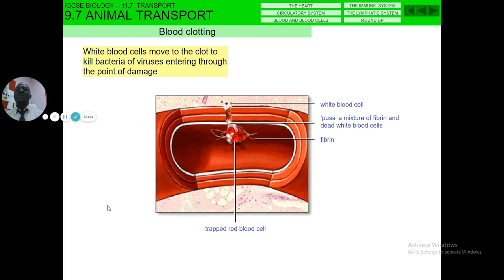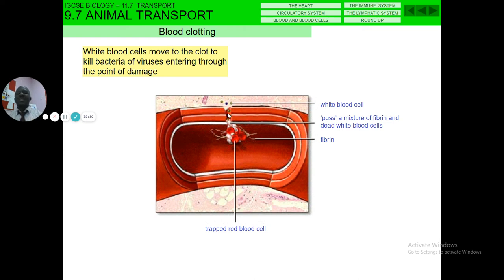White blood cells move to the clot to kill bacteria or viruses entering through the point of damage. As you can see at this point where we have a damage or a wound, where you've cut yourself using a knife, or you step on a nail, anything that exposes blood, the platelets accumulate in that area.